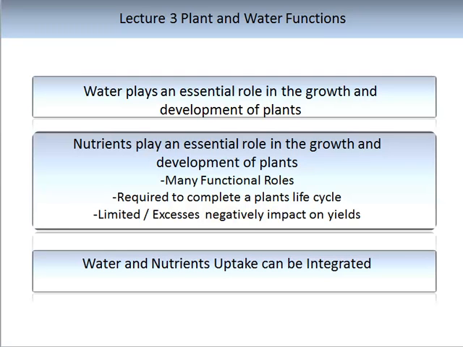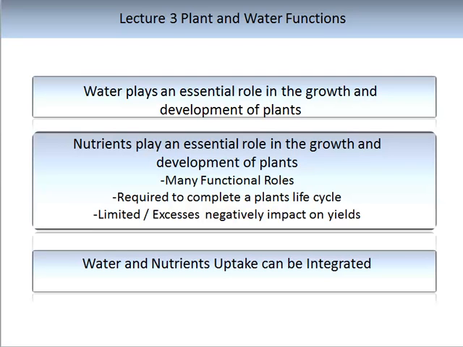In the second stage of this subject we will be exploring in detail the many functional roles of nutrients in plants. In fact, without nutrients, plants are unable to complete their life cycle. Inefficient nutrient availability or uptake as well as excess uptake of nutrients can result in significant impacts on plant growth and development.